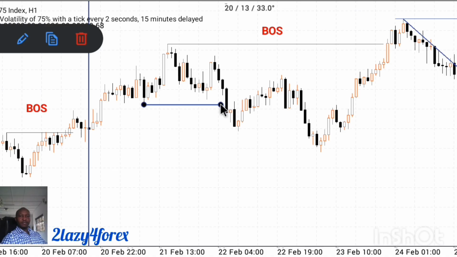If you dive into the 5 minutes chart and check it out the way we did here, to confirm this low and this low, you will discover that this is the low.